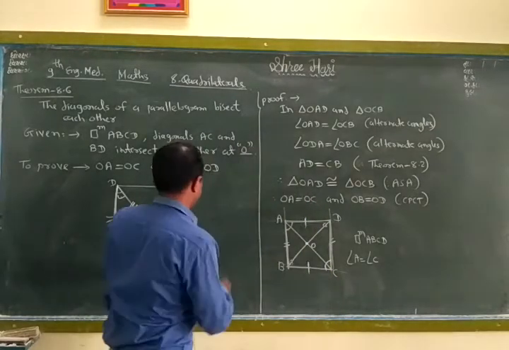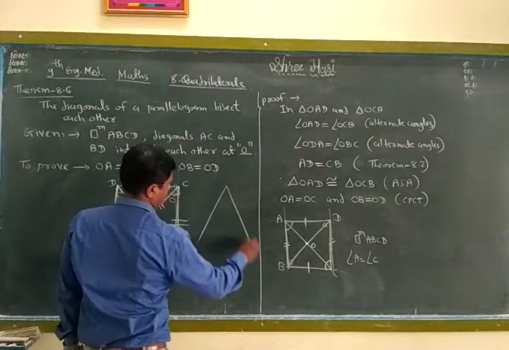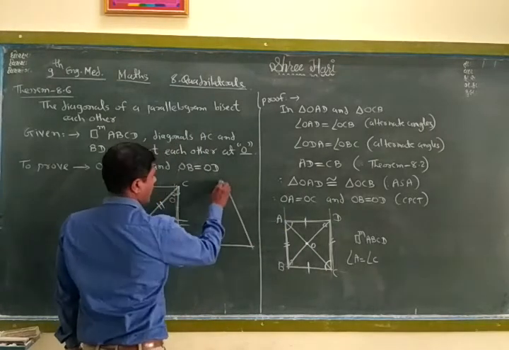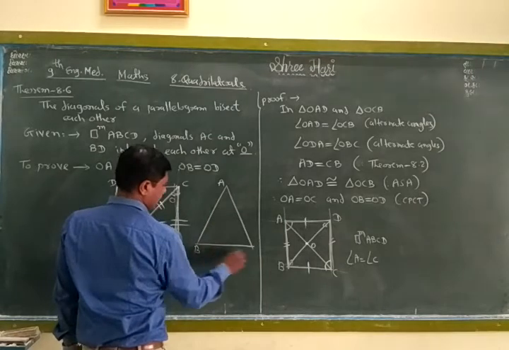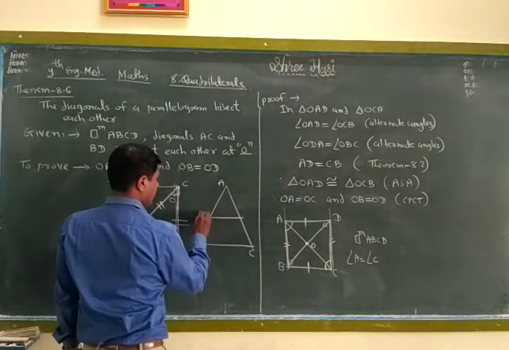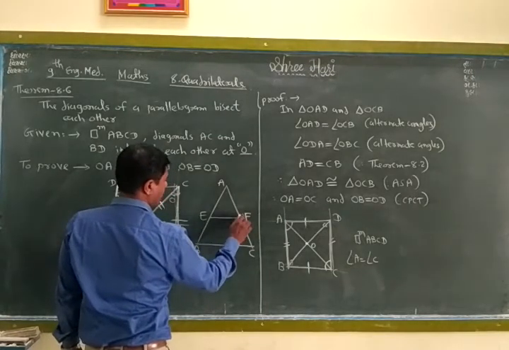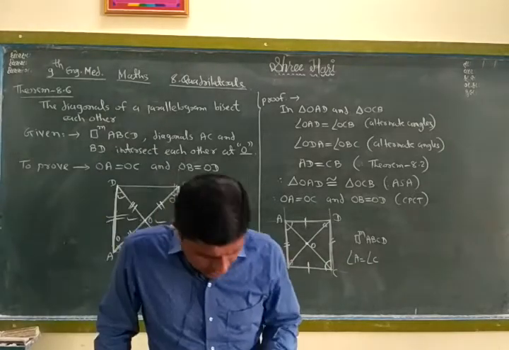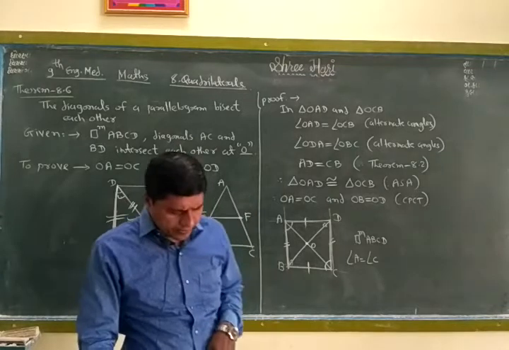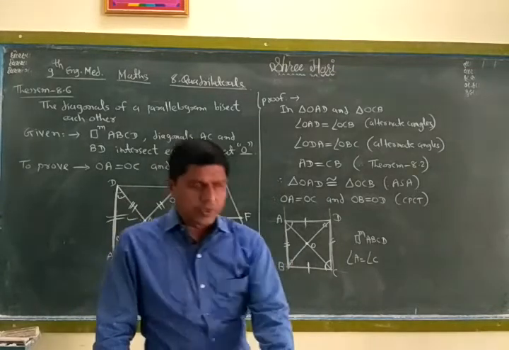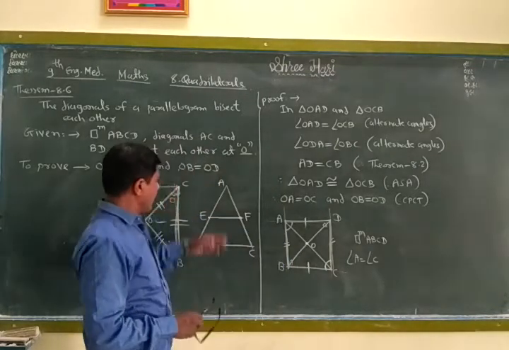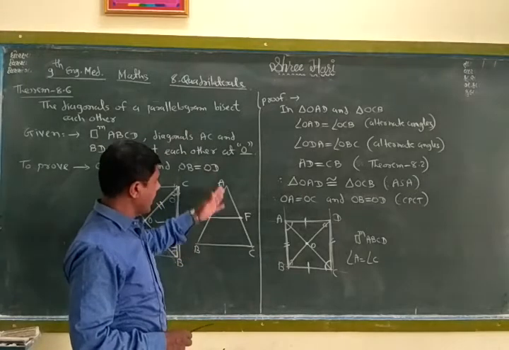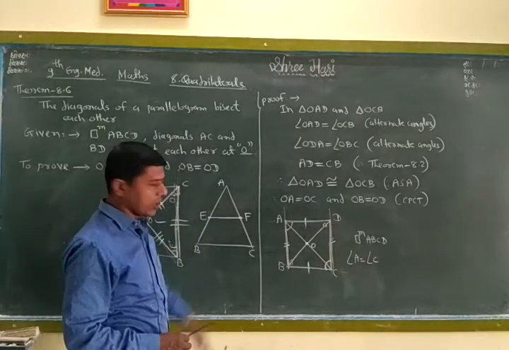Here in triangle ABC, E and F are the midpoints. This is theorem 8.9. E is the midpoint of AB and F is the midpoint of AC.